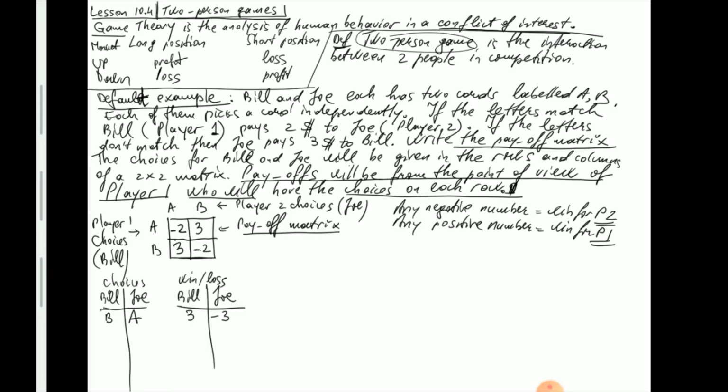Let's say on the next instance of the game, they choose letters A. That means Bill pays $2 to Joe. So we're going to take $2 from Bill and add it to Joe's tabulation.